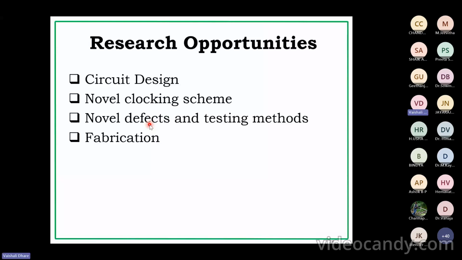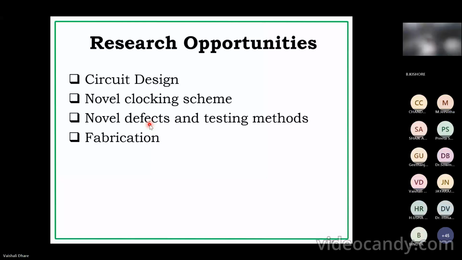So how to test, whether the CMOS testing flow is applicable to this or not, you can think on this. Last, which is not feasible for us, is fabrication, but still some facilities are available. You can go for the fabrication of quantum dot cells, or even some small device. So these opportunities are open for all of us.